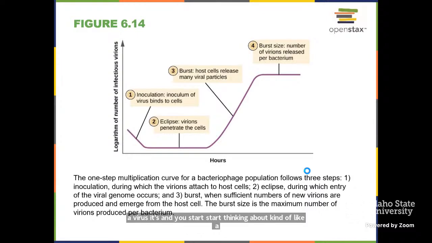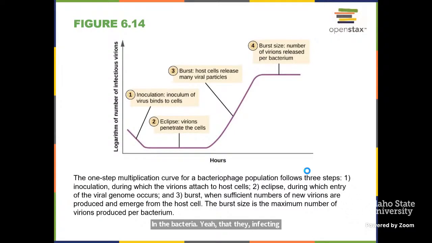In this case, we're looking at bacteriophage, but the way that they are infecting bacteria and replicating inside, like we said with the livestock and those lytic phage, is they get in, hijack the machinery, make more virus, package it up, and explode out, right? So this is the number of infectious virions, so virus particles, if you will, on the y-axis, and time on the x-axis, hours of time that we're looking at.